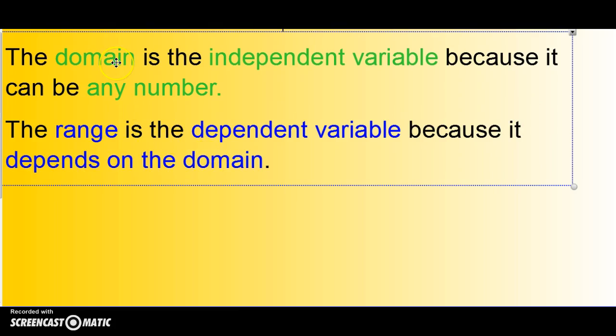So one more time, domain is x, it's the independent because you can pick it to be any number. The range y, the y part, is the dependent because it depends on whatever the x was.